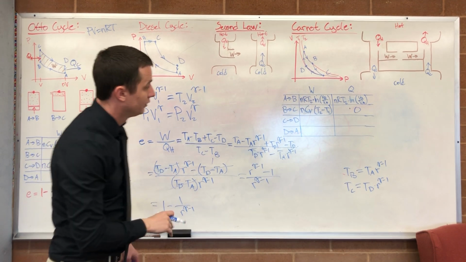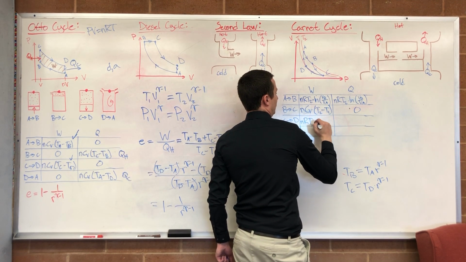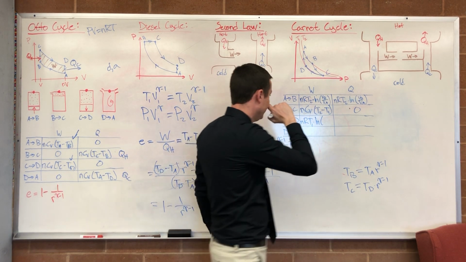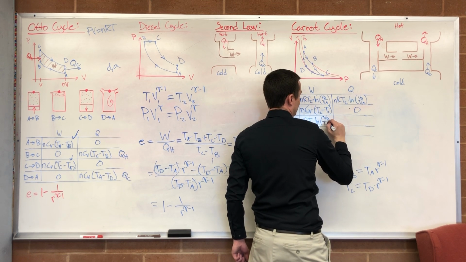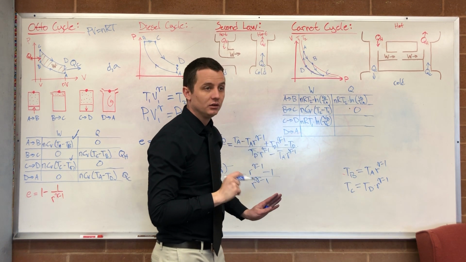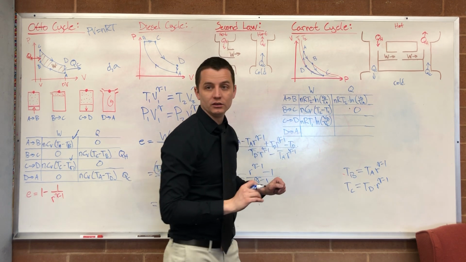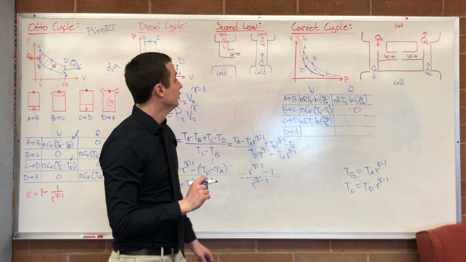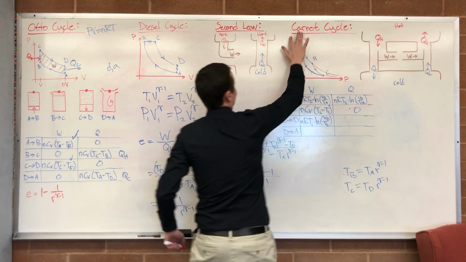From C to D, once again, this is isothermal. So this is just going to be nRT1 times the natural log of, remember, our final over our initial, so VD over VC, which is going to be a negative number. It's doing negative work, because VD is smaller than VC. No, VD is bigger. I have no clue why I wrote it like that.